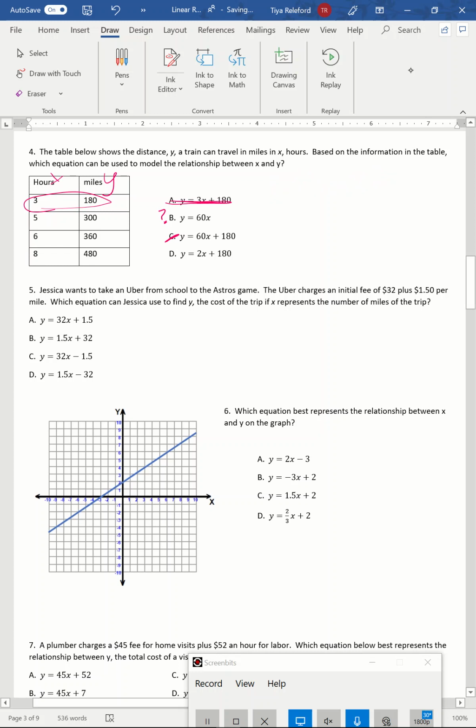And I can prove that D is wrong doing the same thing.